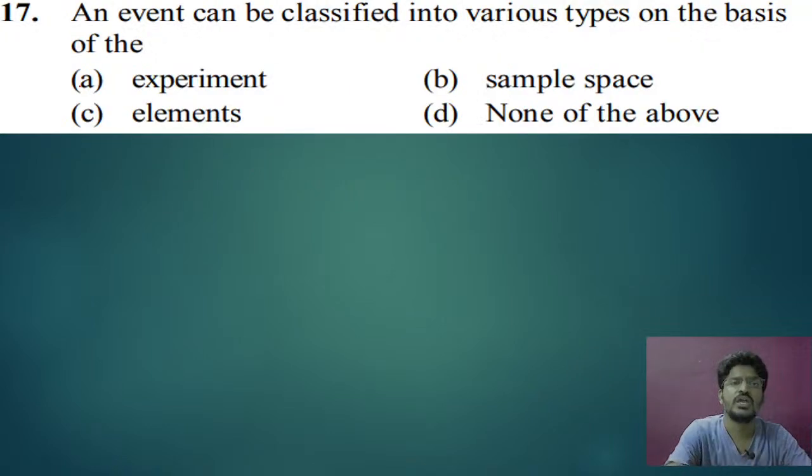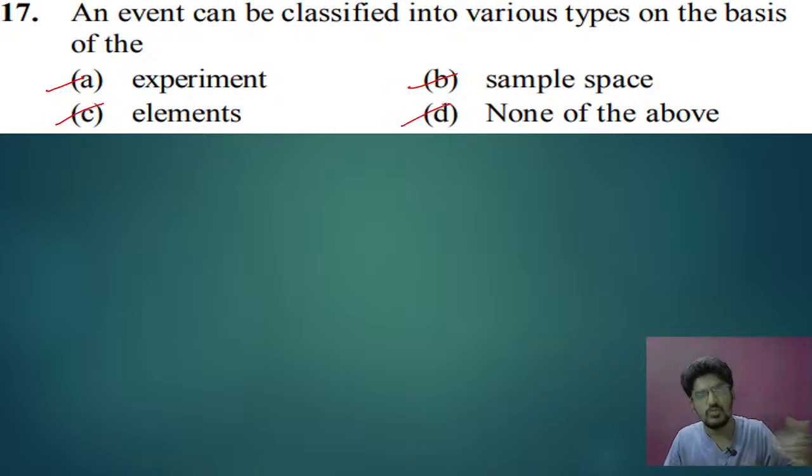Okay, very good. See the 17th question: an event can be classified into various types on the basis of what? You have four options: an experiment, a sample space, an element, none of these.